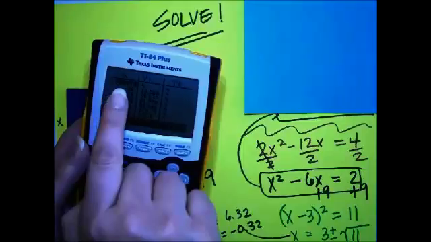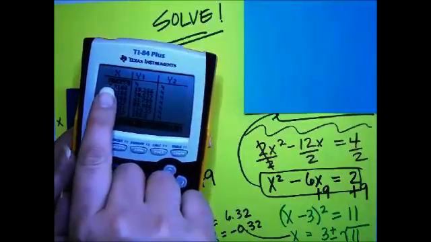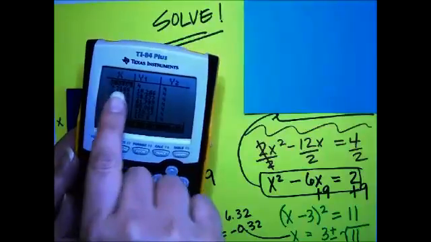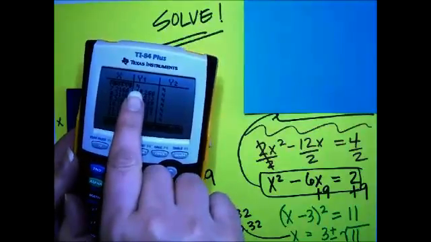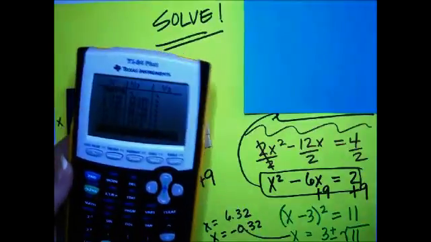The calculator doesn't leave it as a square root. It's actually giving you the decimal value of it. But notice that the left-hand side of the equation gives us 4, the right-hand side of the equation gives us 4. So that value is correct.